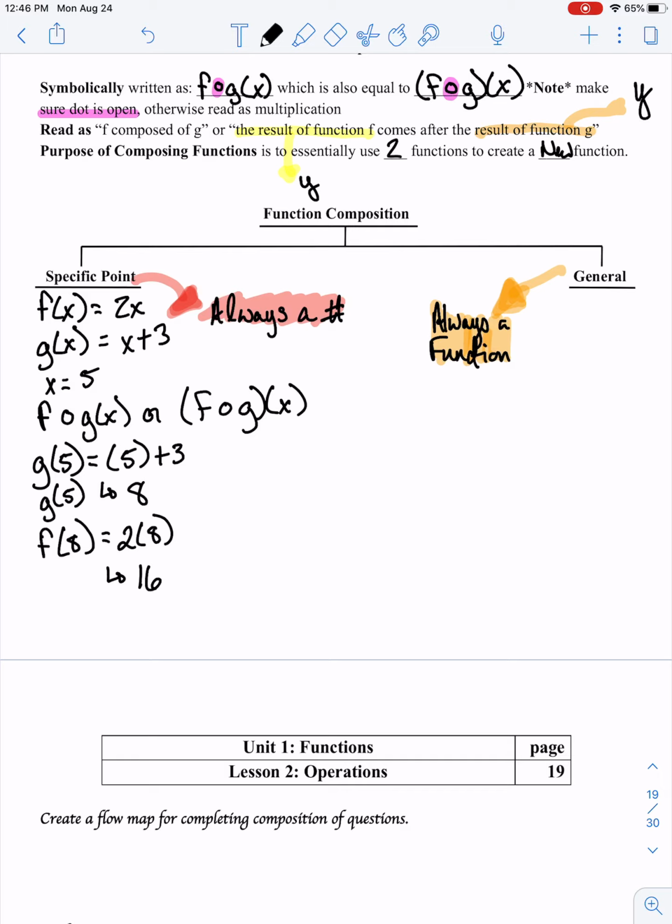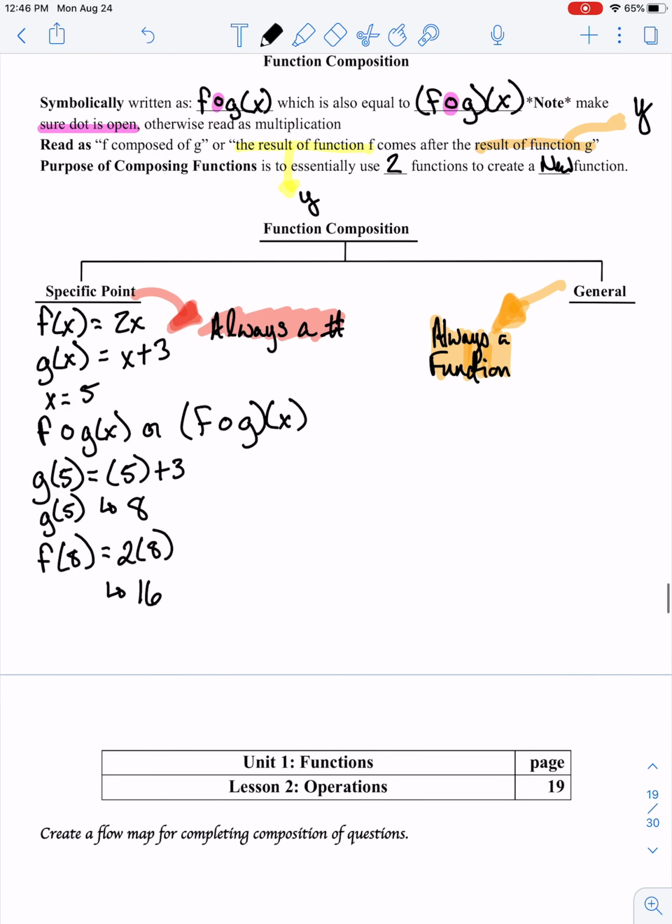And how you do this, again, I'm going to use the same example, f of g of x, where f of x is equal to 2x, g of x is equal to x plus 3. This time, because x could be anything, you're going to plug the entire function g of x into f of x. So we'll say f of g of x.